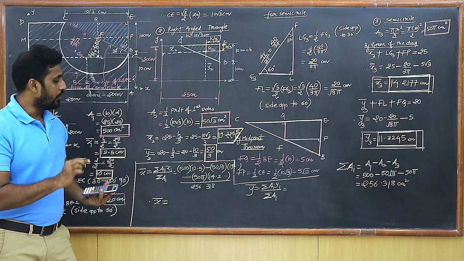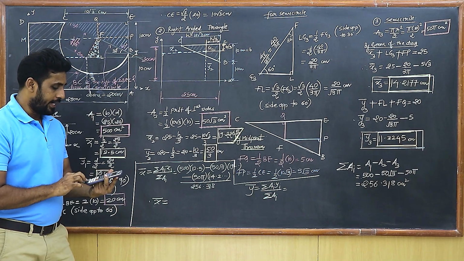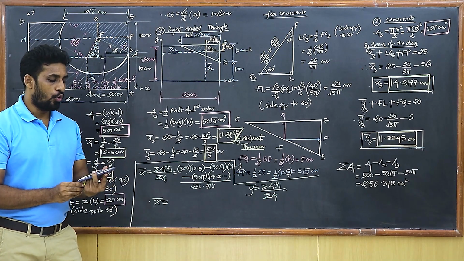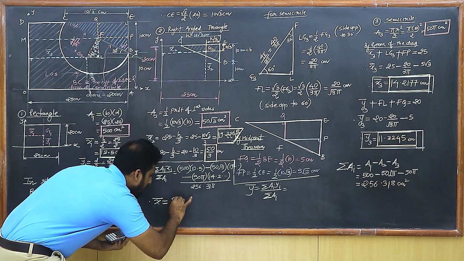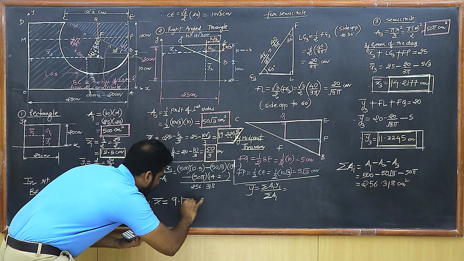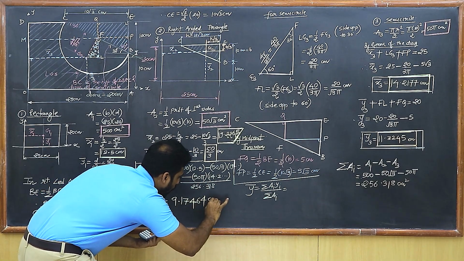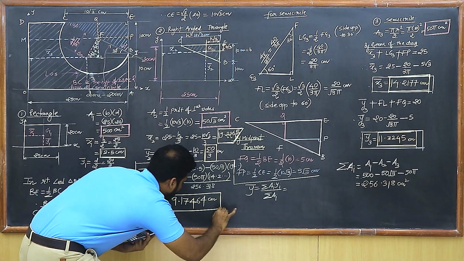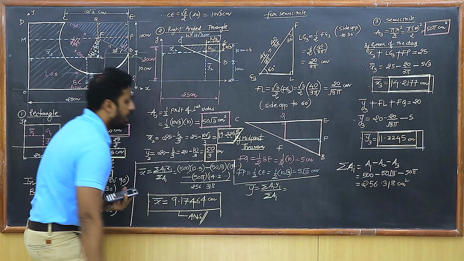This gets divided with summation of AI, which is 256.318. So my answer has come 9.174639. So I can write the value of X bar as 9.1746 centimeters. This is one of the answer, students. That's one of the answer. I've got the value of X bar.